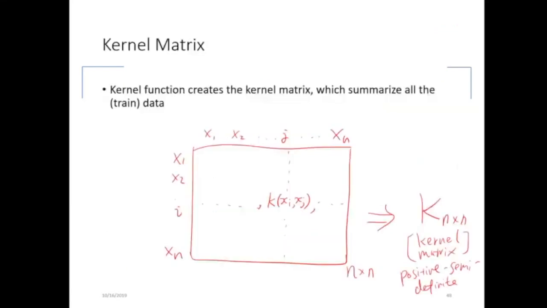So let's review the kernel matrix. Really, for all the possible pairwise training data, you're going to calculate k(xi, xj), and that k(xi, xj) is phi xi transposition phi xj. But you don't need to have the explicit form. You only need to know how to calculate this directly.